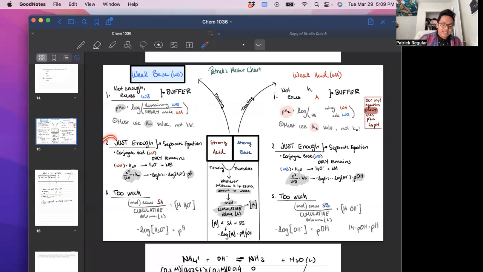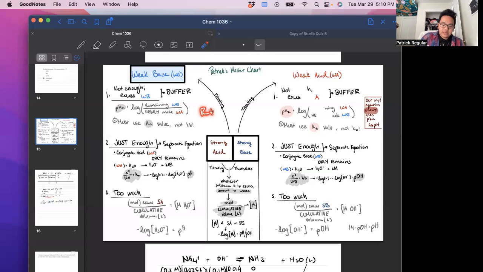Next up is if it's just enough. You draw out your ice table. You have an equal amount. You have the same amount of moles of strong acid, H3O+, and the same amount of moles for your weak base, whatever you're titrating. So there's no more weak base, no more strong acid.